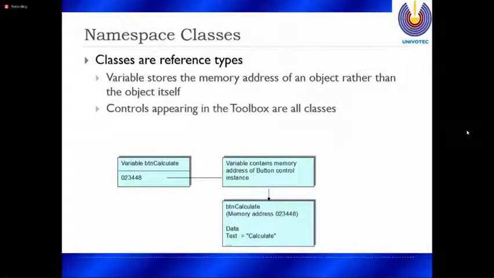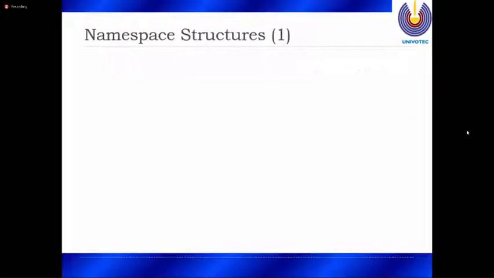The controls that appear in the toolbox are all classes. The toolbox is already in Visual Studio. All objects are classes. Now a structure, or value type, only allocates the memory, not the location.